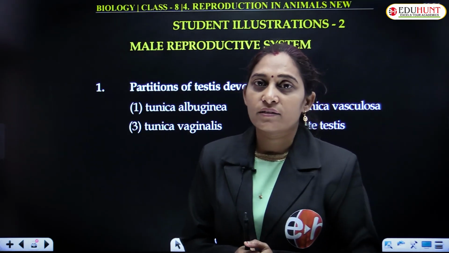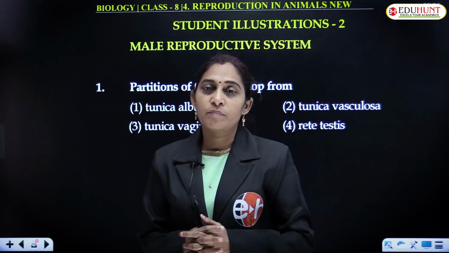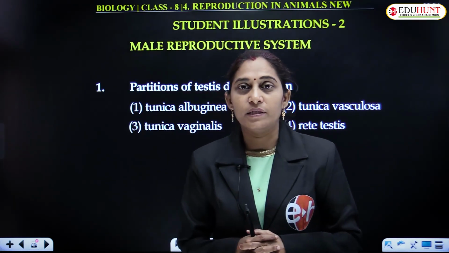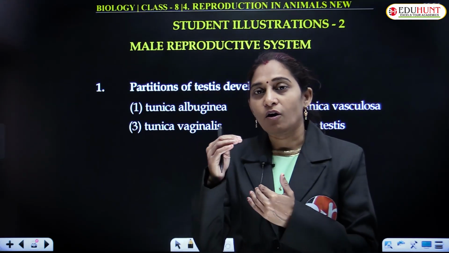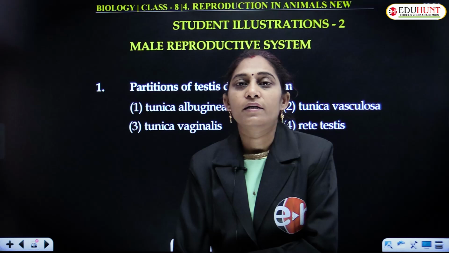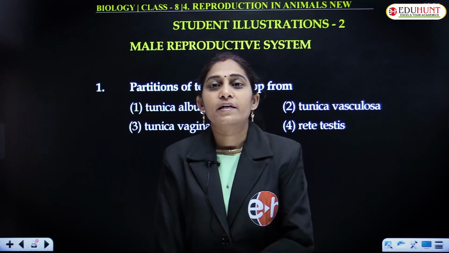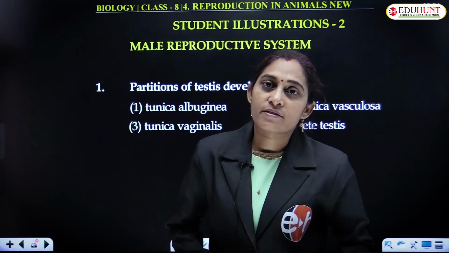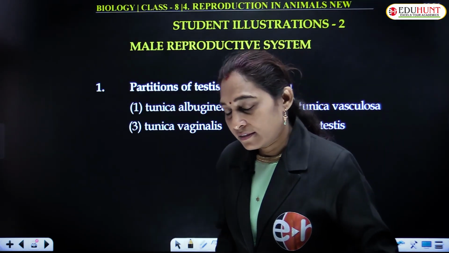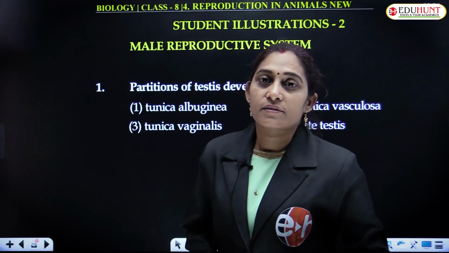In any reproductive system, for a human being or any higher order animal, it comprises the primary sex organs and the secondary sex organs.